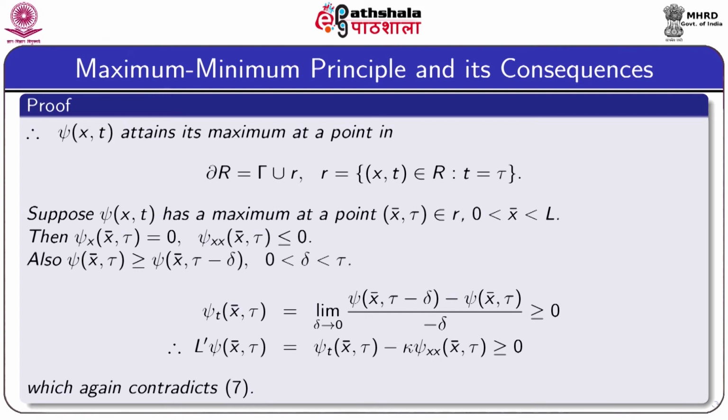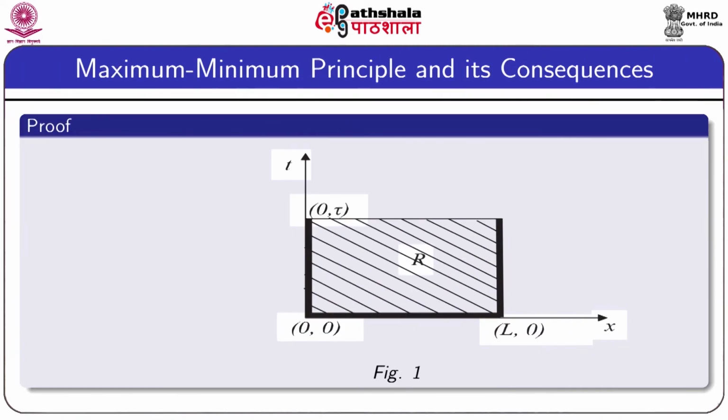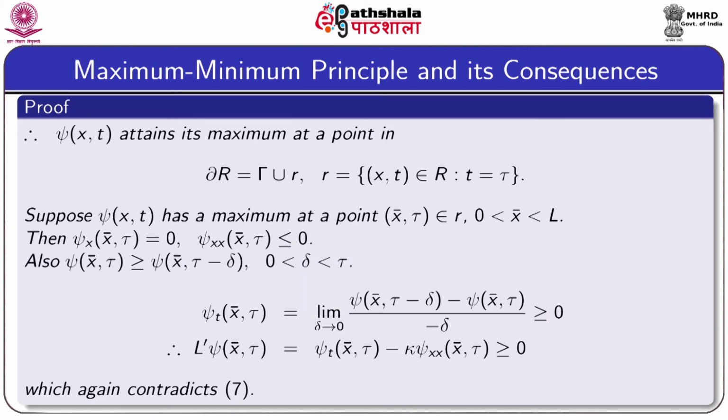Γ is the region which I have already told. The region Γ is denoted by the dark line in this figure, and r is the upper boundary in this figure, which is nothing but the line t equals τ. So, ∂R is the region Γ union r, where r is the region (x, t) belonging to capital R such that t equals τ.